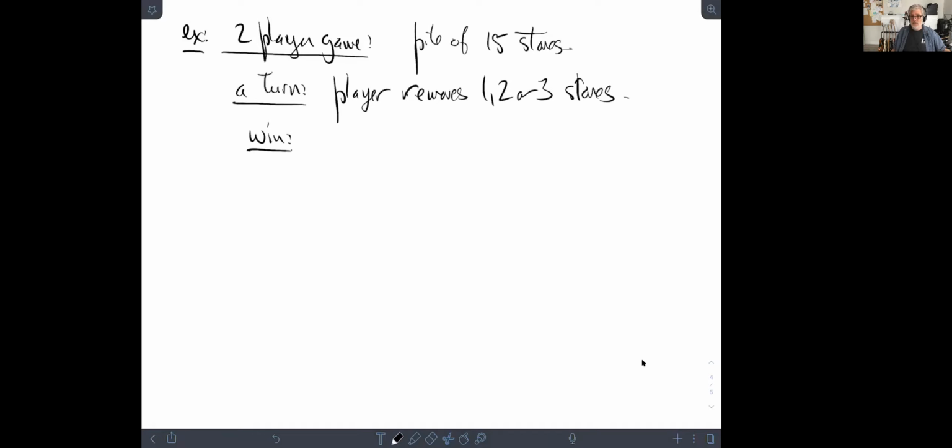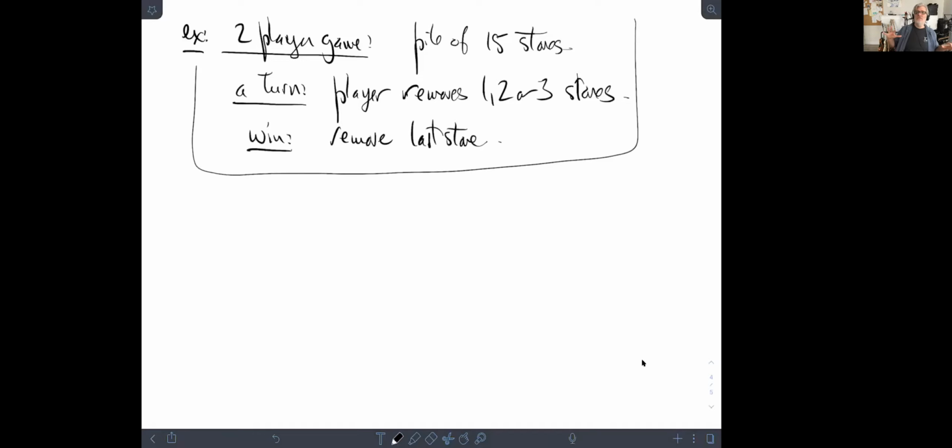The win is you remove the last stone. So it's the opposite of the chomp game, right? If you manage to take the last one out, you win. So remove the last stone. Okay, so that's the game.